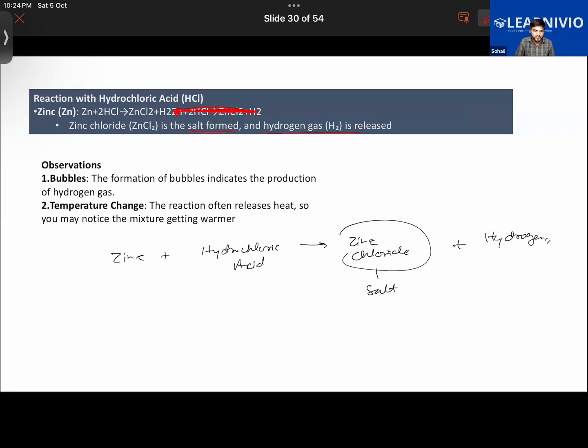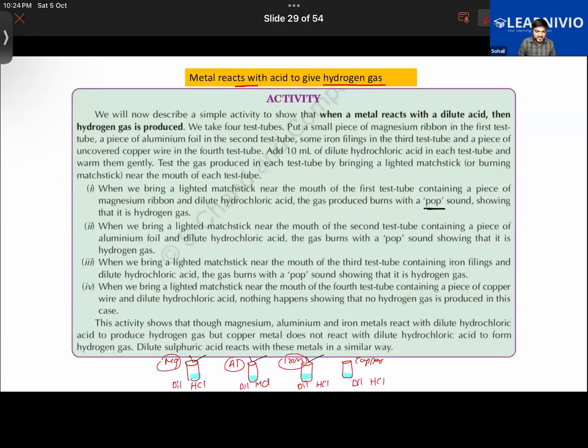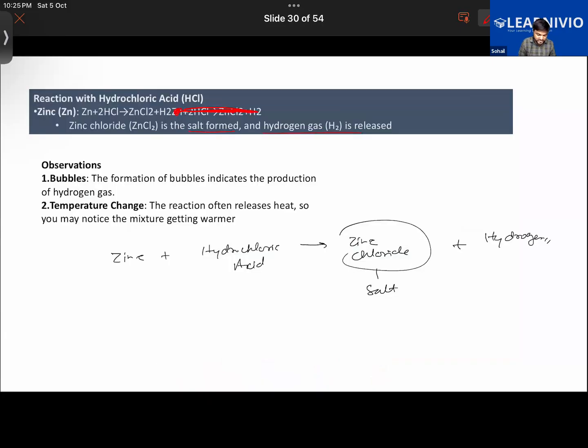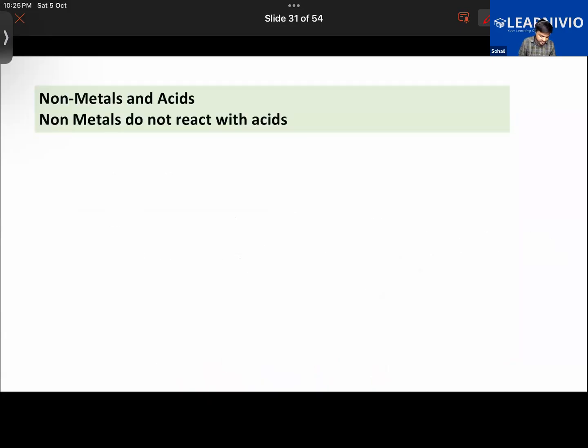That is the observation we will see in the first three test tubes where the reaction is taking place. But in the fourth one, no reaction takes place because copper does not react with a weak hydrochloric acid, but will react with a concentrated, strong acid. That is one thing.